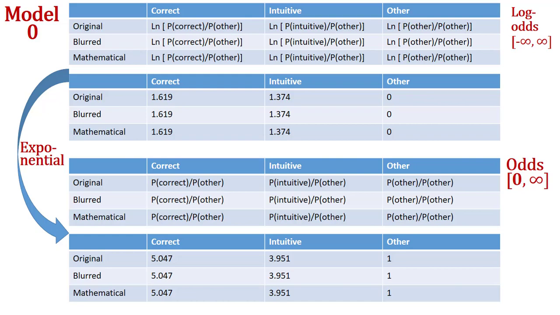Now, when we transform these odds, which can take values from 0 to plus infinity, into the logarithm of the odds, we transform this variable into one that is not bounded by 0, but bounded by minus infinity.